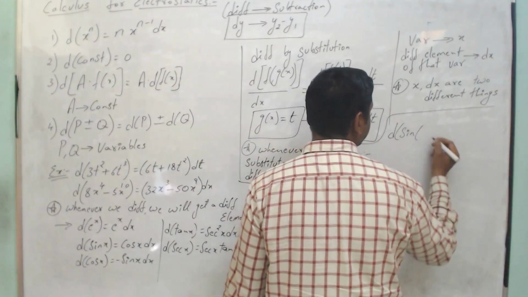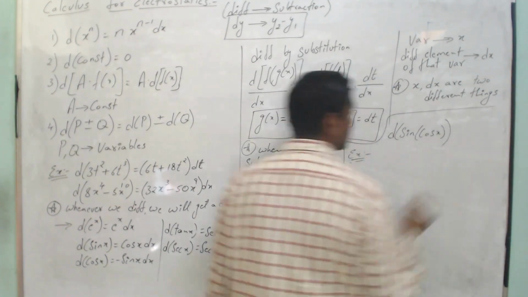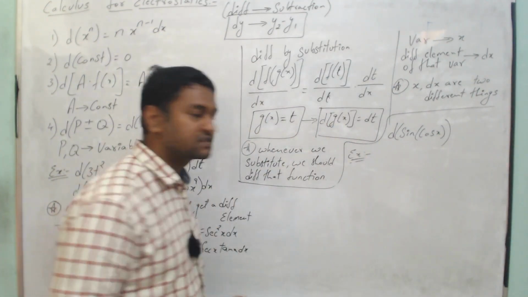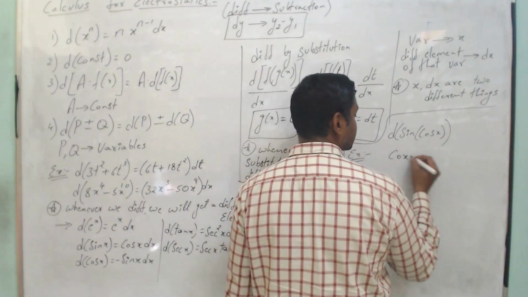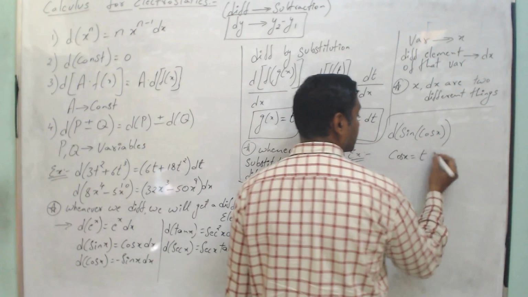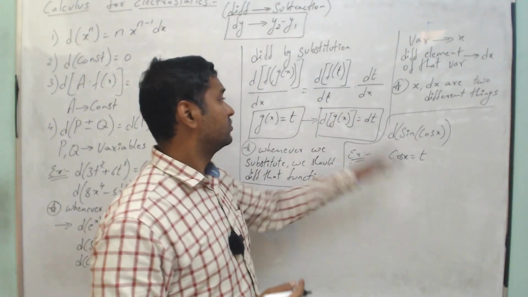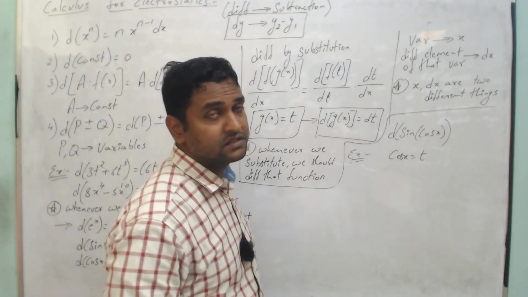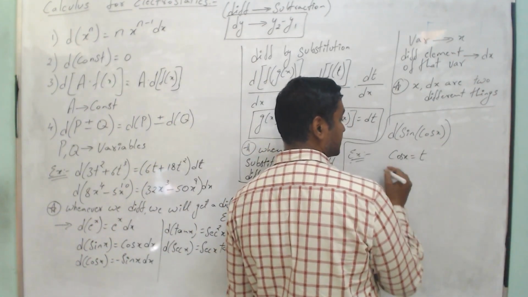Suppose I have differential of sine of cos x. Sine of cos x, right? So I'll substitute the inner function cos x equal to t. Now, according to the previous thing, I have to know the differential element of it also.